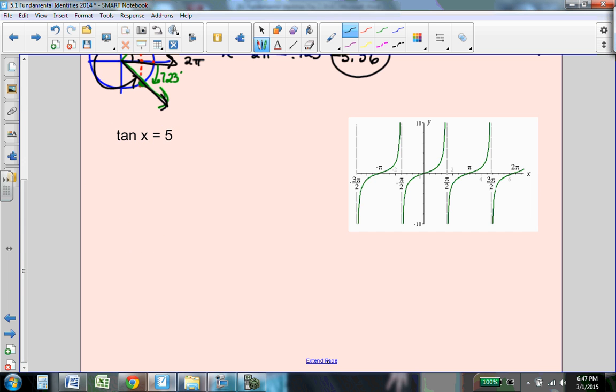Now, tangent of x equaling 5, that means we're looking for an angle that has a slope value of positive 5. This one's going to look a little different. With the tangent value being 5, I did the inverse tangent of 5 on my calculator, and it tells me that it is 1.37 radians.